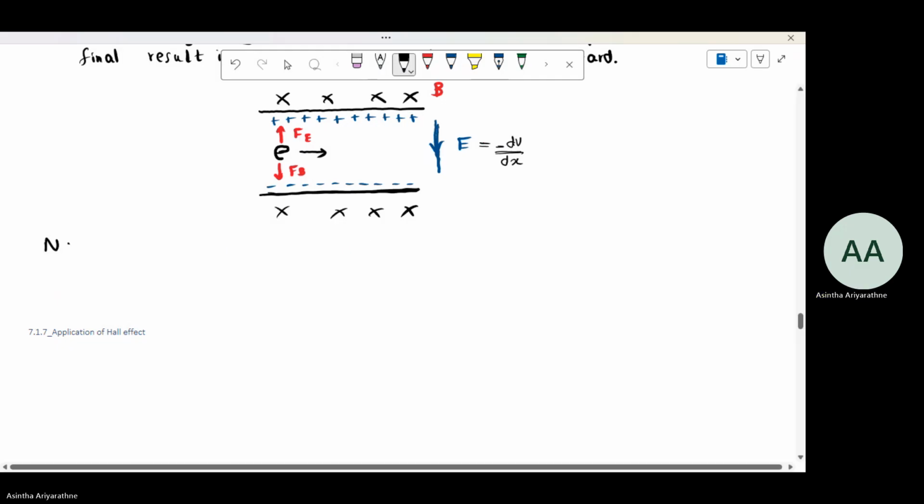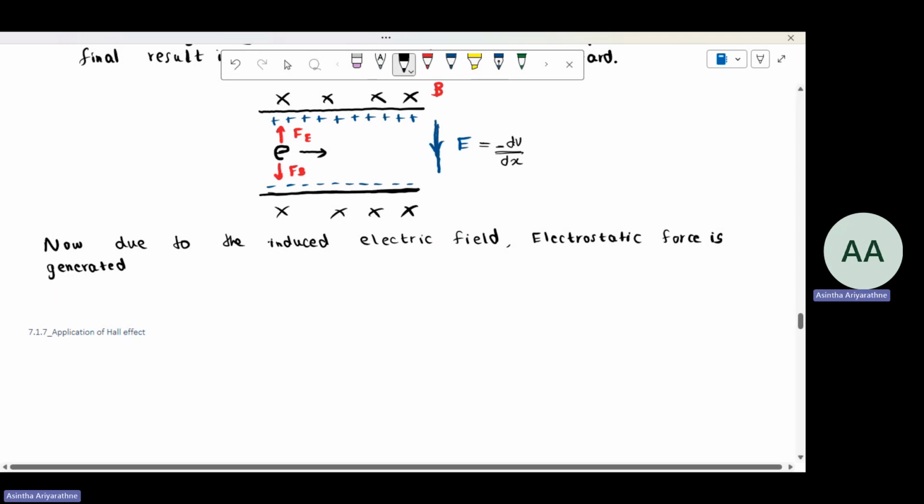Now, due to the induced electric field, electrostatic force is generated in upward direction, right?